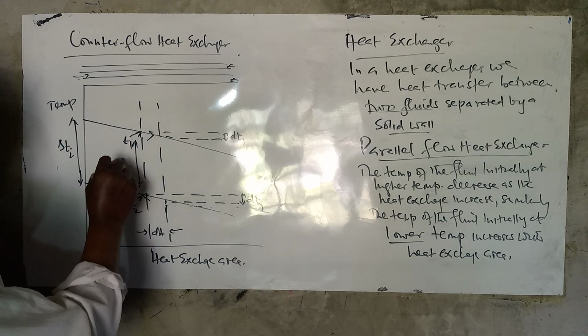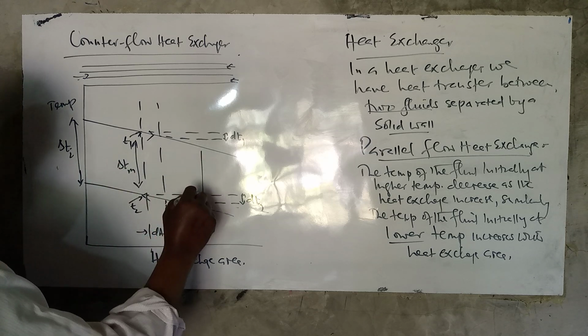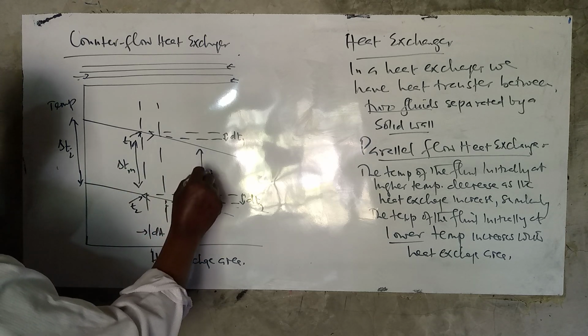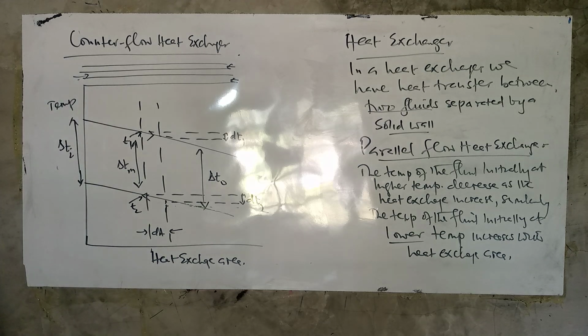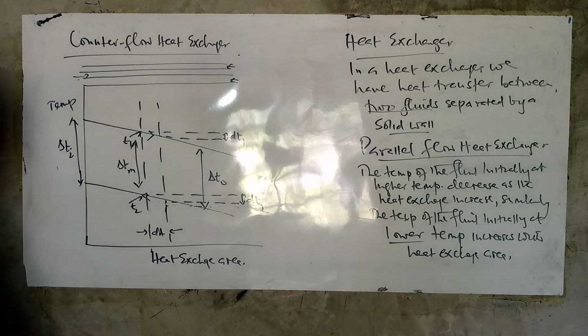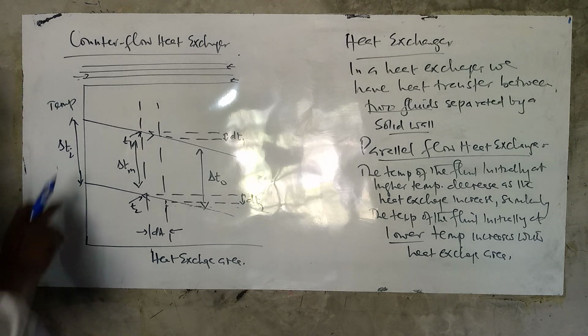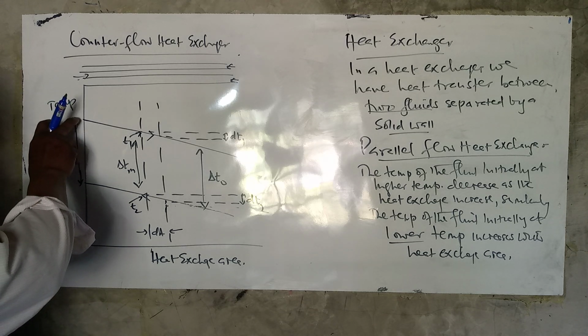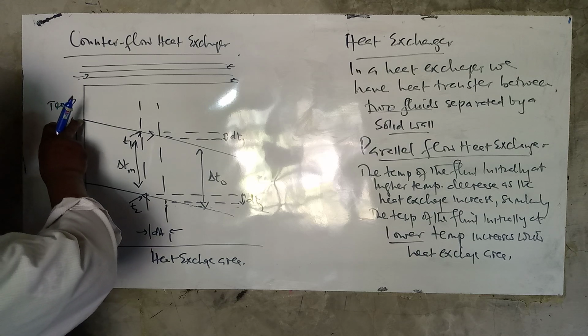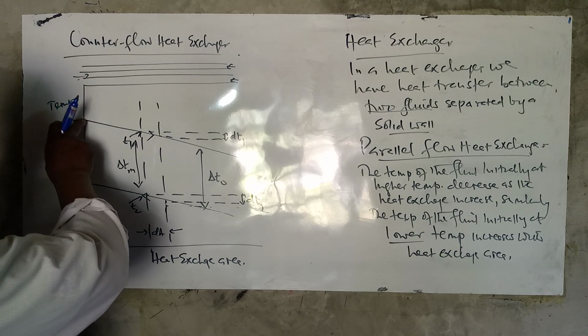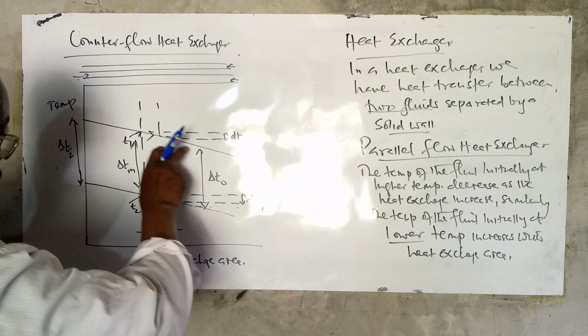The T mean. So the terms are just the same. So what is the difference here? You notice that the fluid at the higher temperature, as it flows, the temperature drops, it cools.